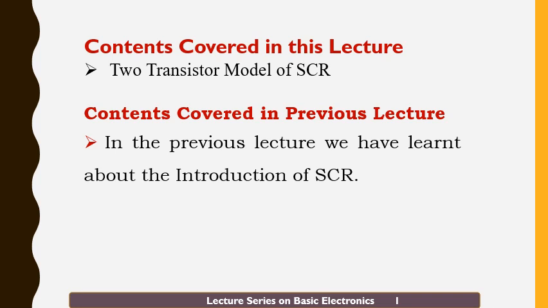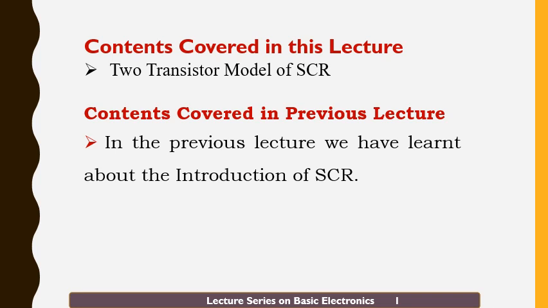and we have seen that SCR will be having three terminals: anode, cathode and a gate. And what happens is after application of anode and cathode voltage, the SCR will not be turned on. To turn on your SCR you need a gate voltage to be applied. So once you apply the voltage between the gate and cathode of the SCR, your circuit builds up a small current that is called as gate current.